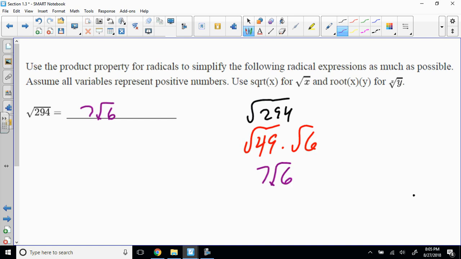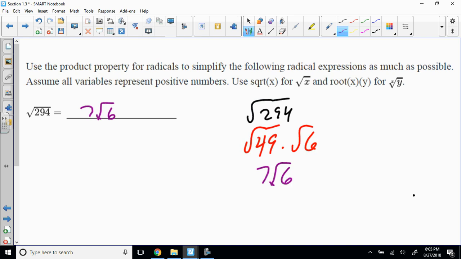But I will tell you this: the TI-36X Pro will simplify it, and you can multiply them. You can get all crazy with it, and it'll give you the answer correctly. Put square root of 294 in there, hit enter, and see what it says. It may give you a decimal.